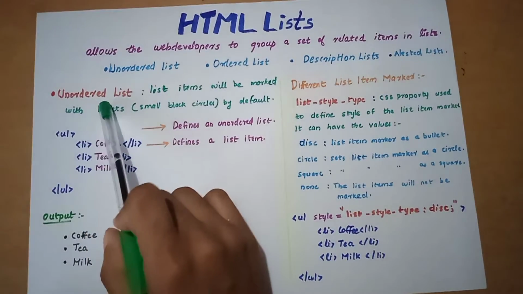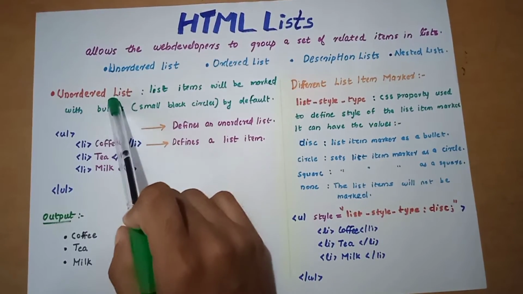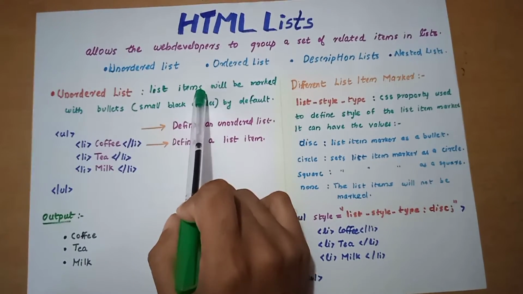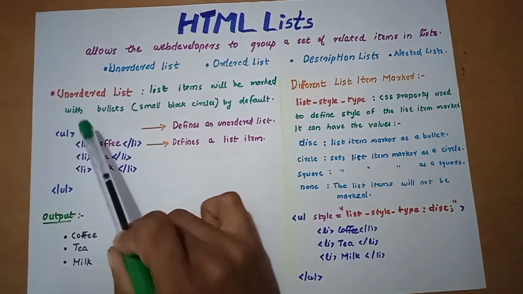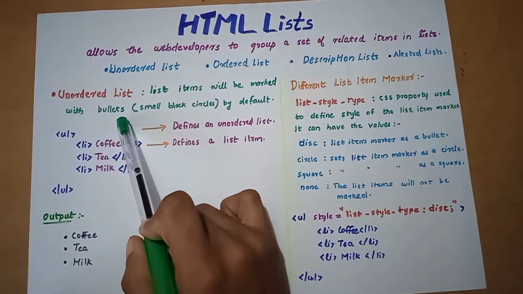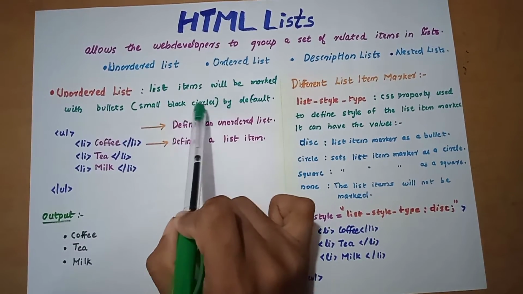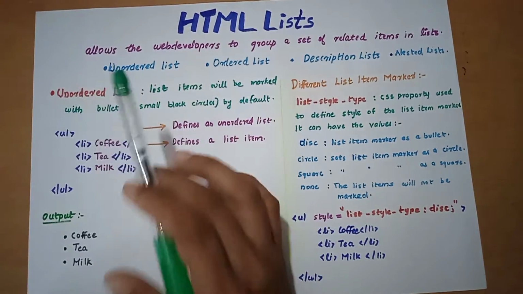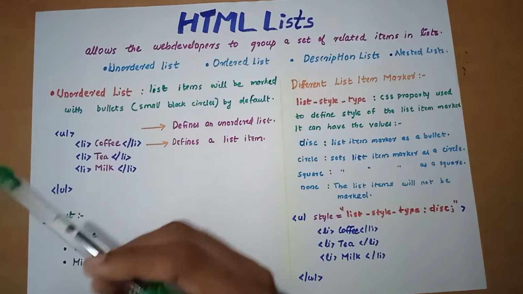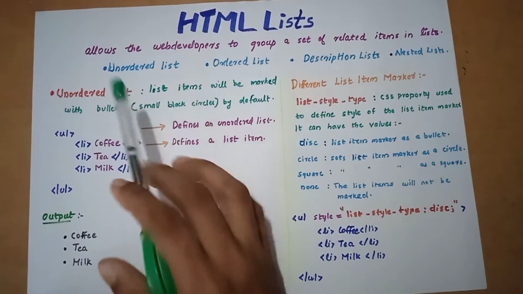First one is the unordered list. An unordered list will list the items, or the list items will be marked with bullets. Bullets means what? Small black circles, by default. So we don't need to add any styles for this.